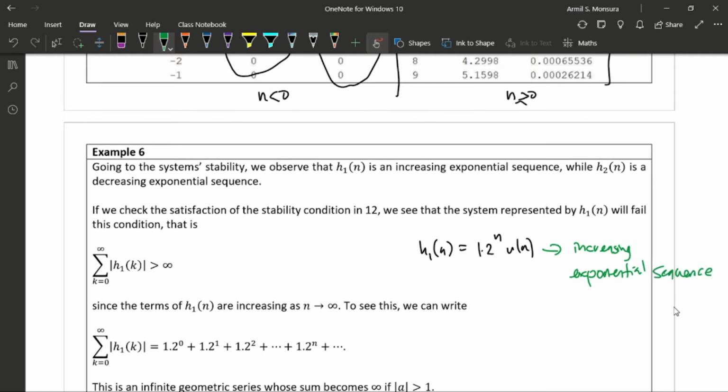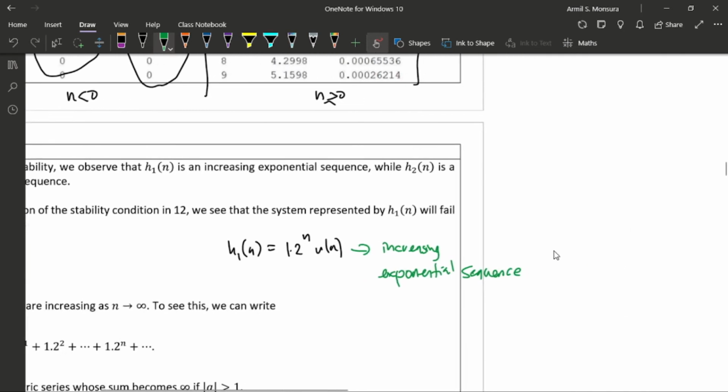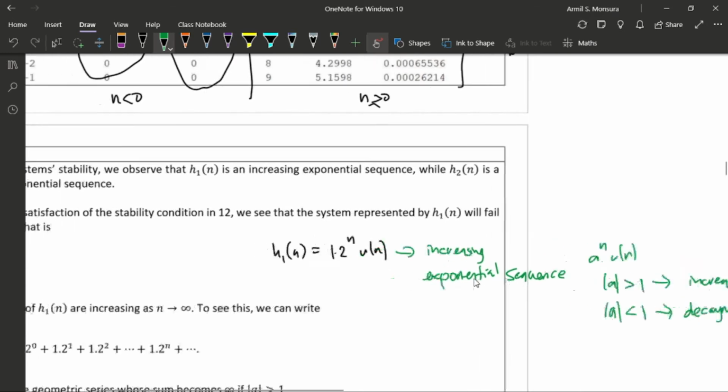Mainly because this is an exponential sequence of the form a raised to n u[n], and the magnitude of your a is greater than 1. So therefore, yung exponential sequence nyo is increasing. Remember that if this is instead less than 1, you have a decaying or decreasing exponential sequence. So here, you have 1.2 raised to n u[n] as an increasing exponential sequence.